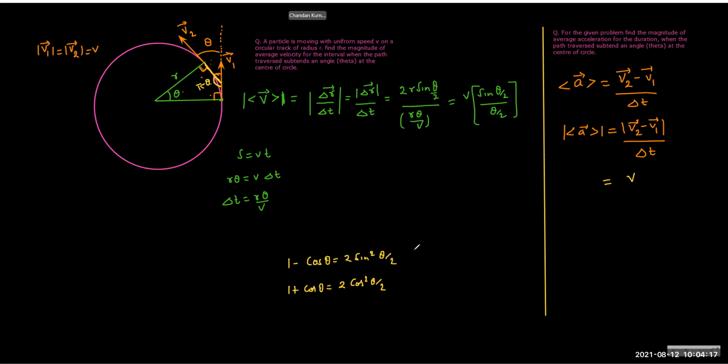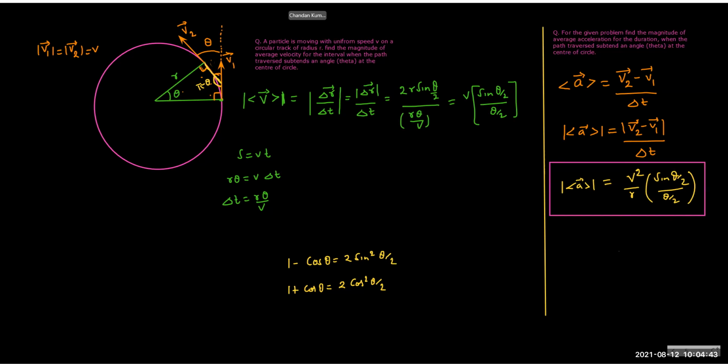So it's 4v sine theta by 2 into 1 upon r theta. No, you guys are making a huge mistake. I mean, the answer should be v square by r into sine theta by 2 by theta by 2. This is the answer. Anyone getting this answer? Yeah, I got this answer, sir.